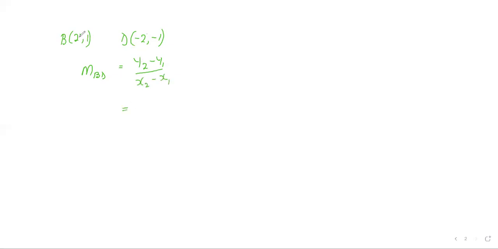We can choose that as 1 minus -1 over 2 minus -2. The answer is going to be 1 plus 1. Negative multiplied by negative is positive. So 2 over 2 plus 2, that is 2 over 4, which is equal to a half.